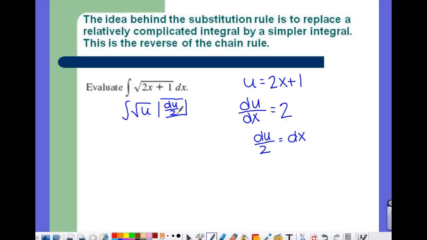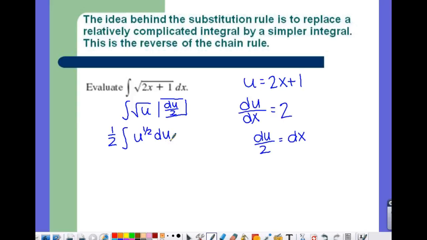Now you know how to integrate the square root of u. The 1/2 gets brought out in front, right, because a constant comes out. We change the square root of u to u to the 1/2 du.